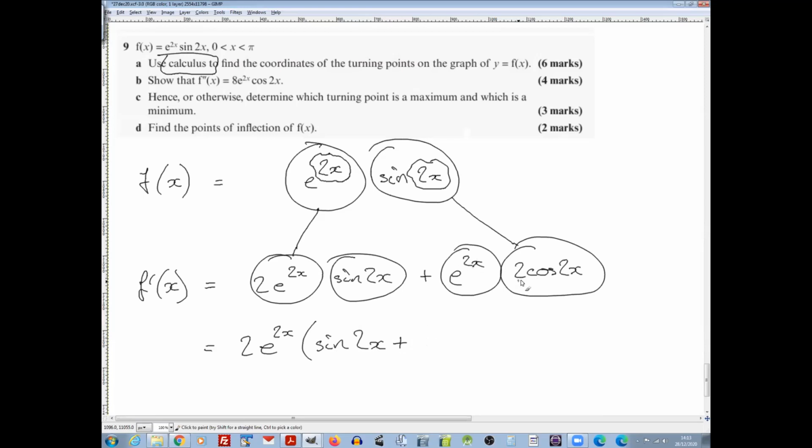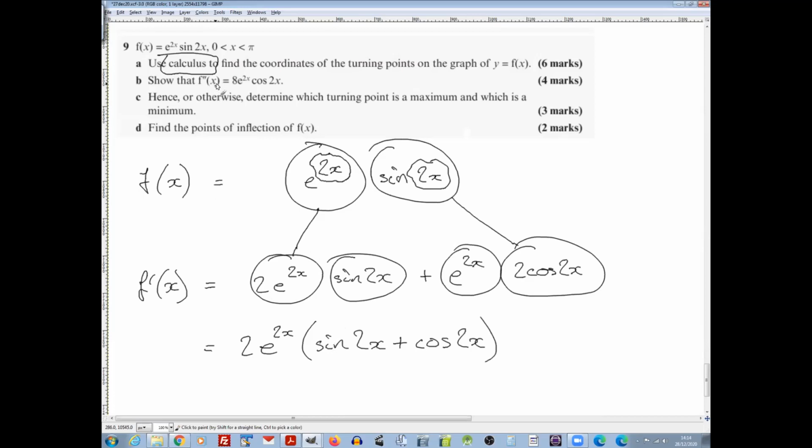True, if it weren't for this. Okay, plus cos 2x. Because I took the 2 out as well, you see, because they both have 2. And then differentiate that.